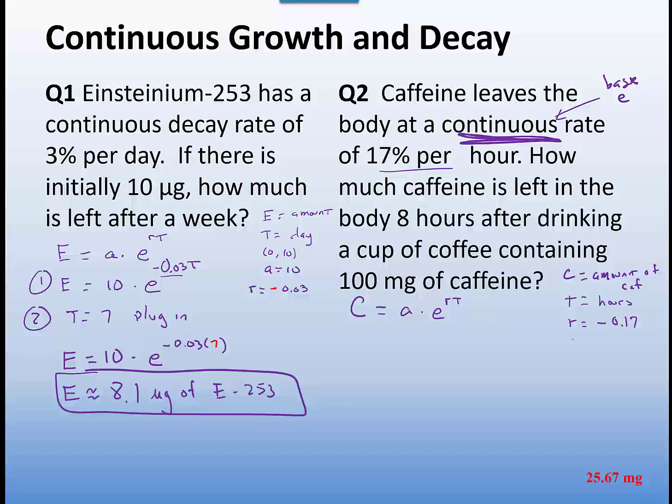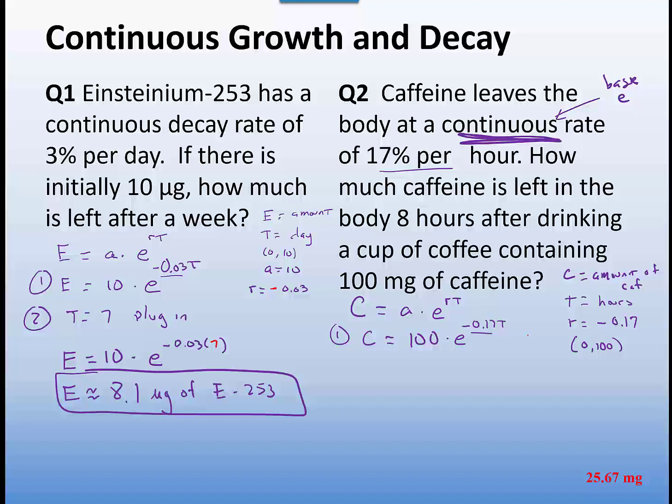So when we finished swallowing it, that last drink of our coffee put all 100 milligrams in us. So we have enough to build the equation. First step: 100 times E to the negative 0.17 times T. That's my exponent.